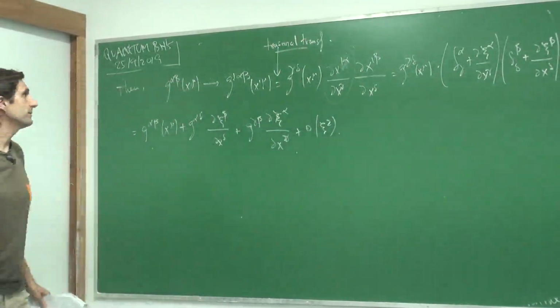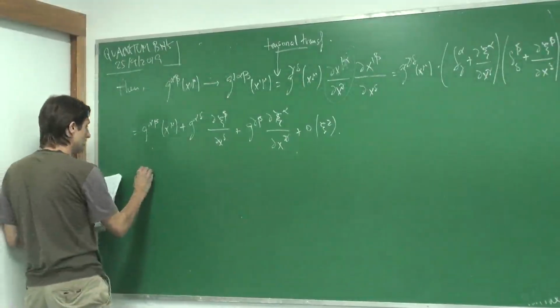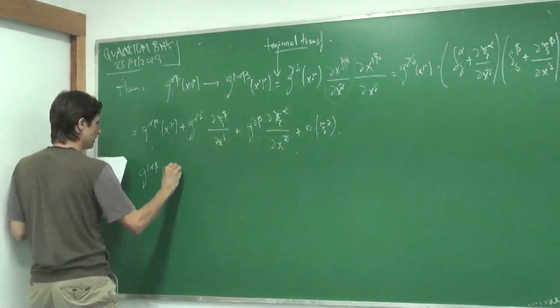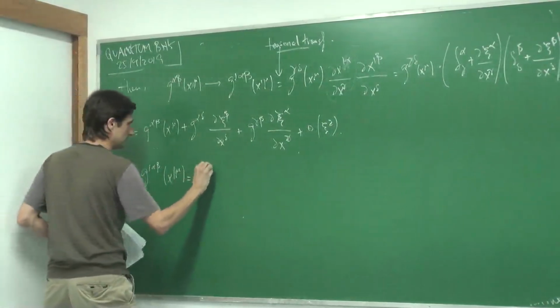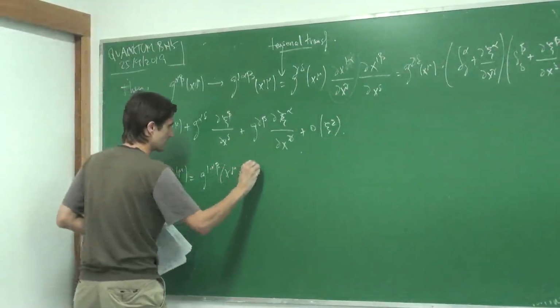Okay. At the same time, you can just do a Taylor series expansion of this. So you've got g prime alpha beta of x prime mu, and that is just equal to this.